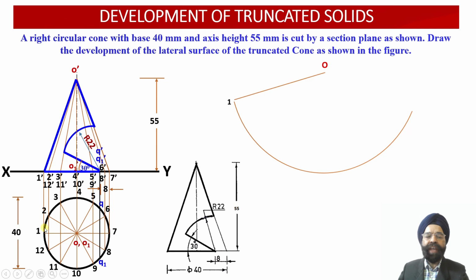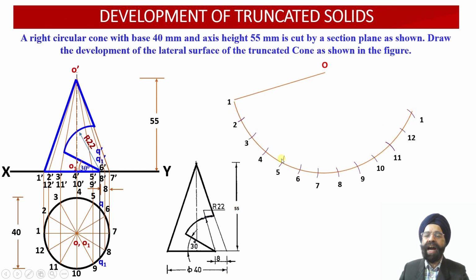So now we are going to measure the distance between points 1 and 2, and corresponding to all these sectors, this distance will remain the same. Why? Because the included angle for every sector happens to be 30 degree. So whatever will be the length of the distance between points 1 and 2, the same distance we are going to obtain between the successive points which are going to lie onto the base over here.